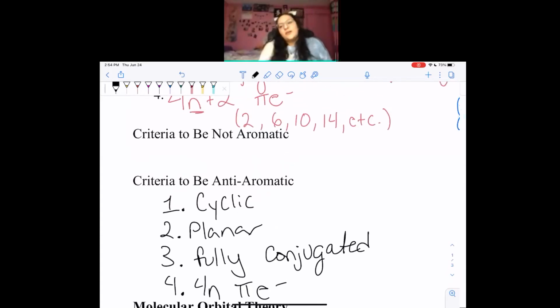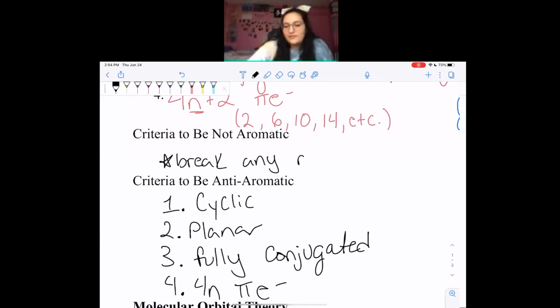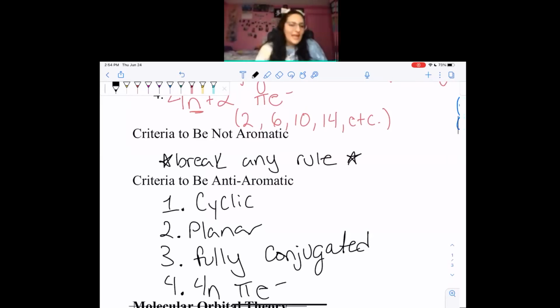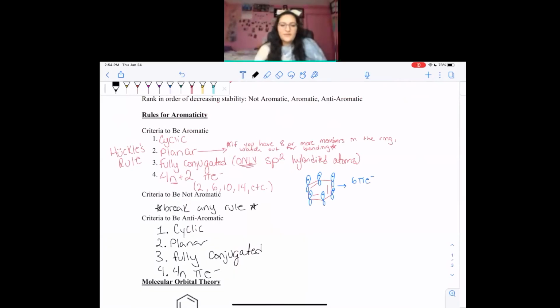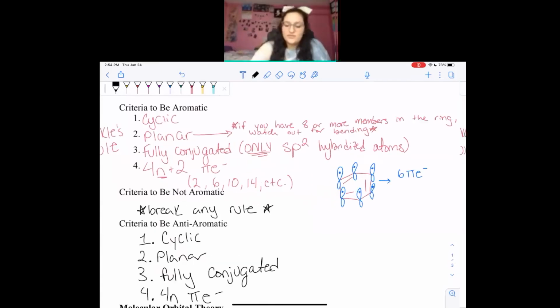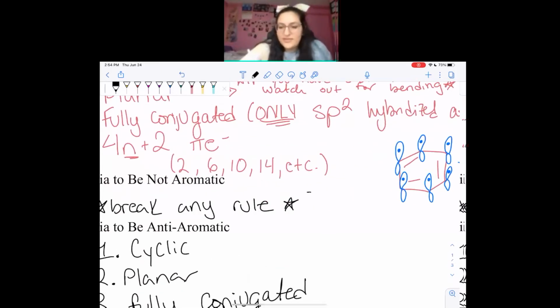Criteria to be not aromatic is super straightforward. Break any rule. So if you break any of these rules, you are not aromatic. Something I like to tell people: if you see a radical, or more specifically an odd number of radicals, you have to be not aromatic.